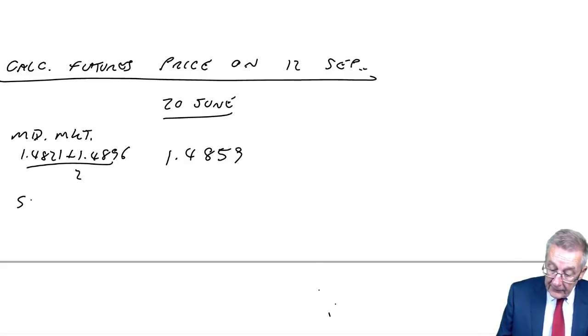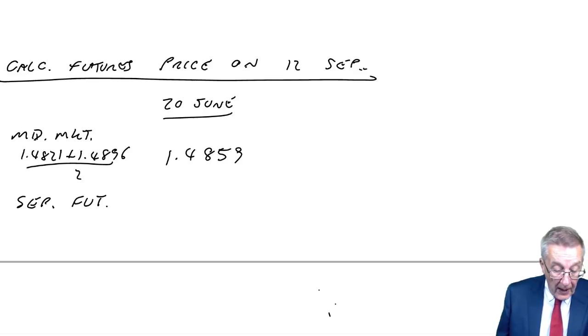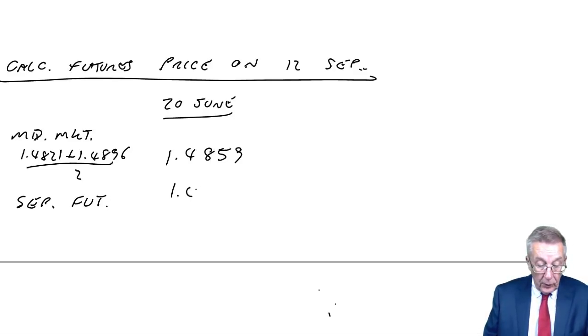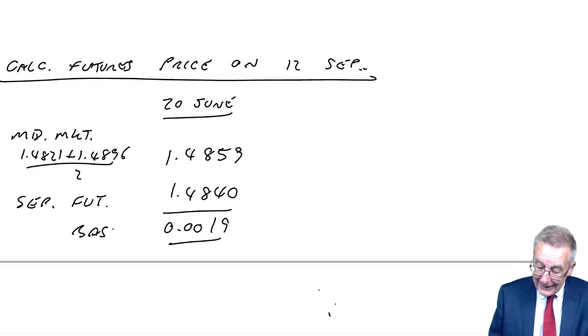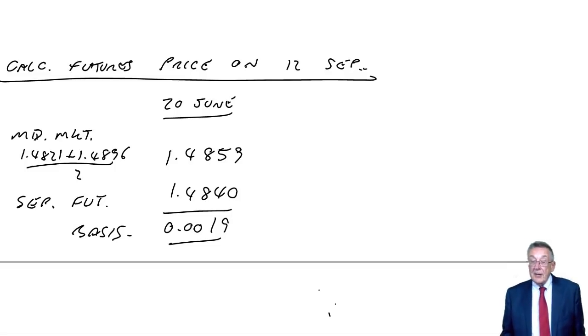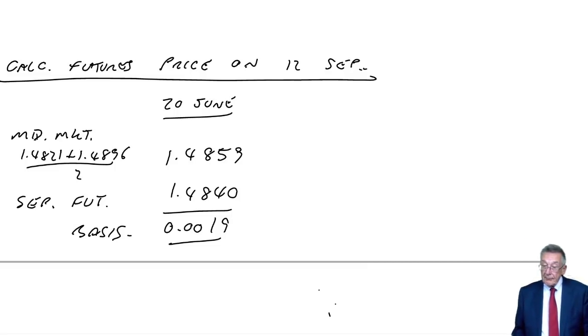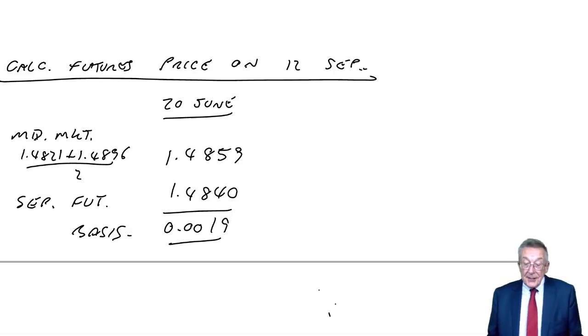What's the September futures price on the 20th of June? September futures, 1.4840. So the difference, the basis, is 0.0019.